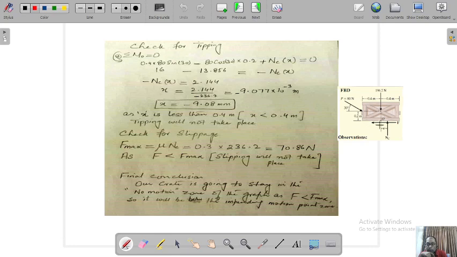We assume that this is the point O. At this point we take summation of moments at O equal to 0. If we take moments, again remember our two components of the force: this one is this component and the other component is this one.